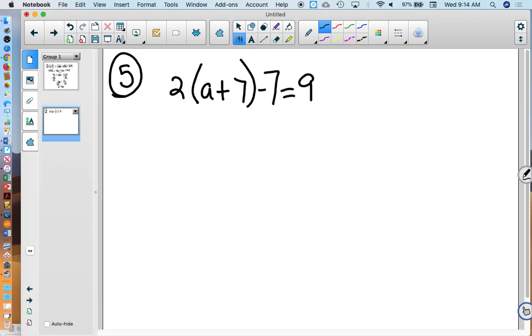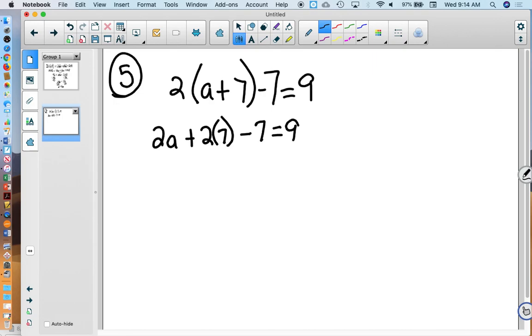Okay? And in order to simplify with the distributive property, how do I distribute that? So it's gonna be 2 times A plus 2 times 7, which is 14, and then you're gonna put in the minus 7 equals 9.